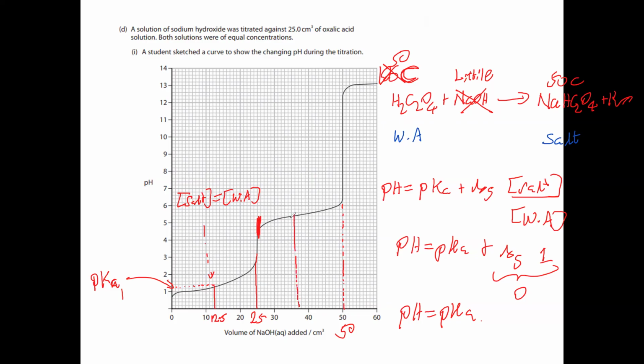You take 37.5 and find the pH value. That's the second pK value. If you know the second pK value, from that you can find the K value for the second dissociation. So you know K1 and K2 for the neutralization of this acid.